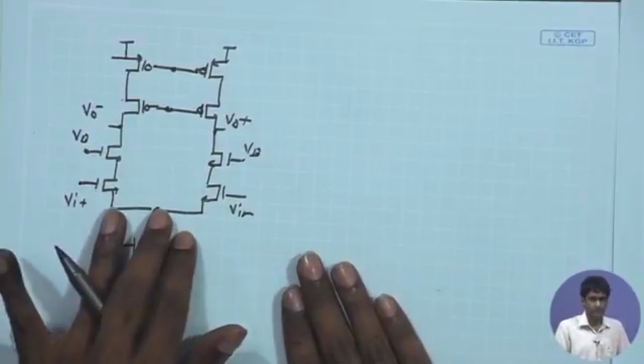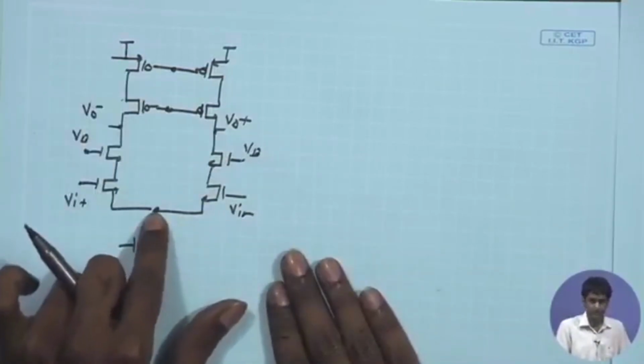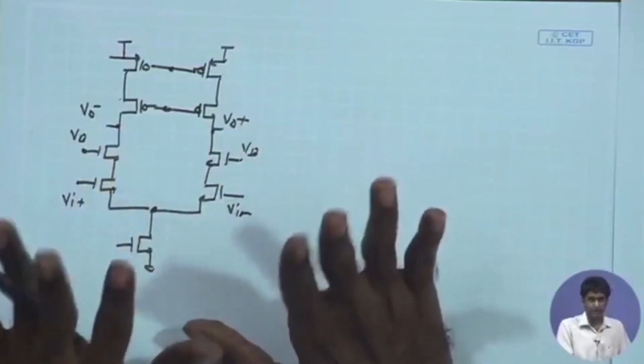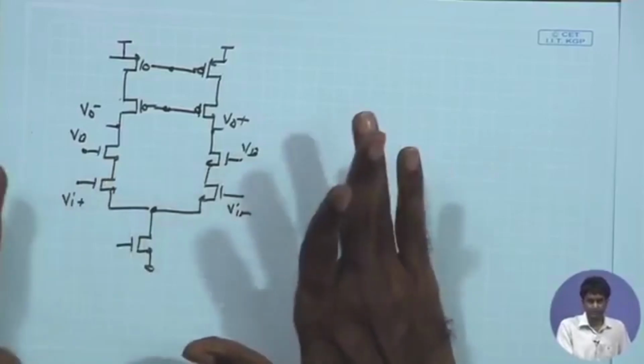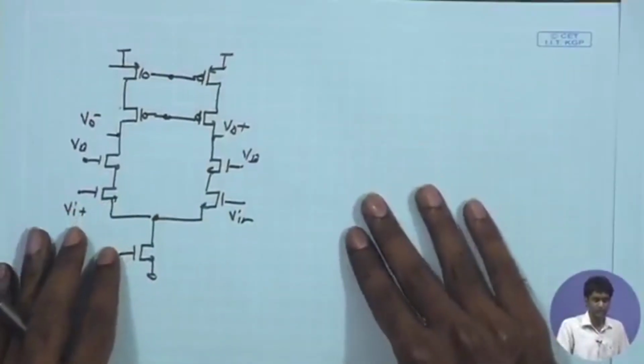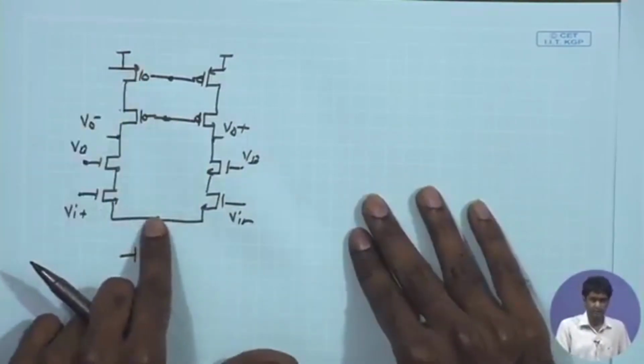Only thing is we have to look at the other considerations: frequency response, swing, bandwidth, etc. Now whatever we discussed with respect to the frequency response and the bandwidth remains more or less the same, as is applicable for the single ended case, because for frequency response, once again this is AC ground for the differential operation.